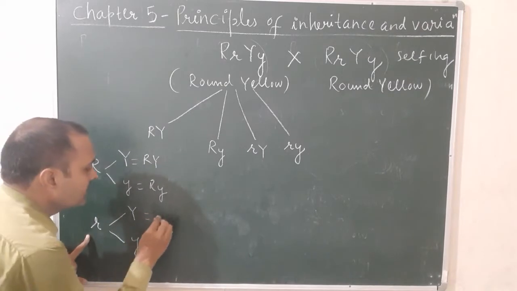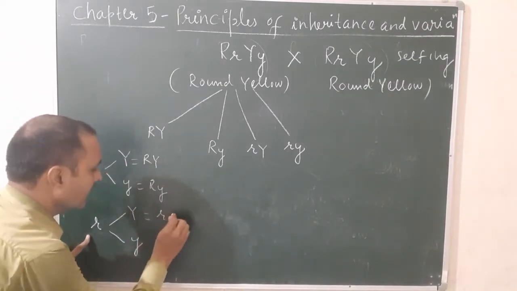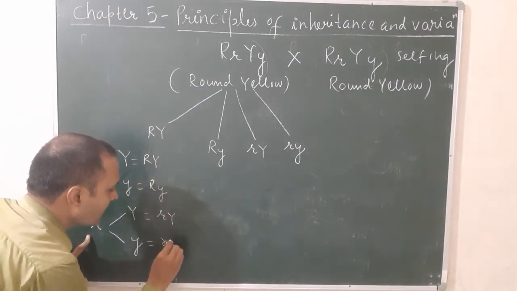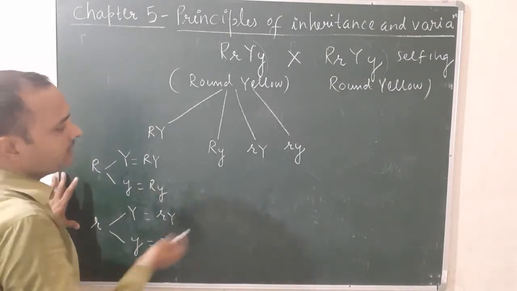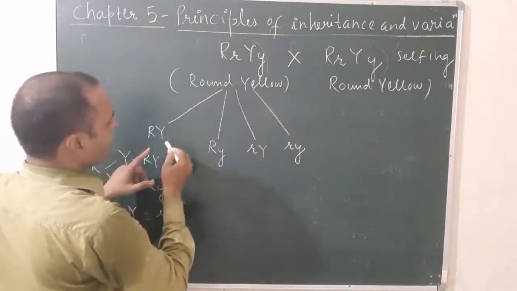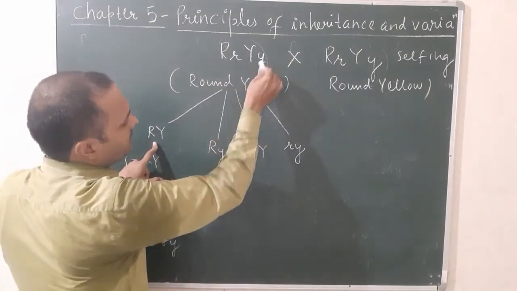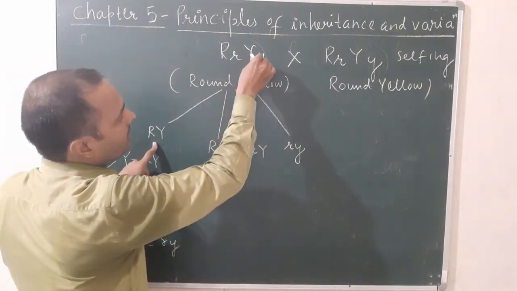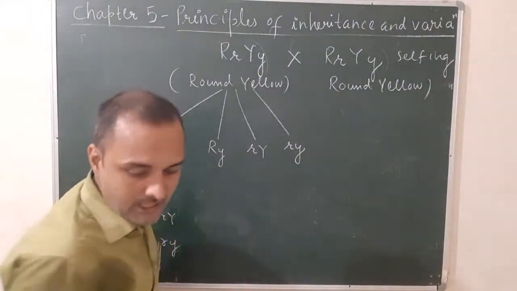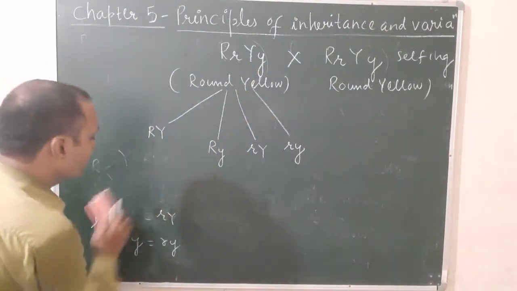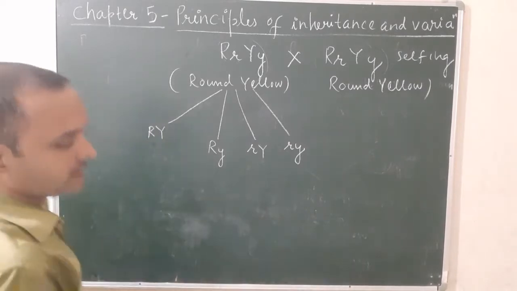Here small r, capital Y. And the last one will be small r, small y. So this is the easier method, and you can easily understand: capital R, capital Y, capital R, small y, small r, capital Y, small r, small y. The same gametes will be produced by both the parents because the genotypes are same.